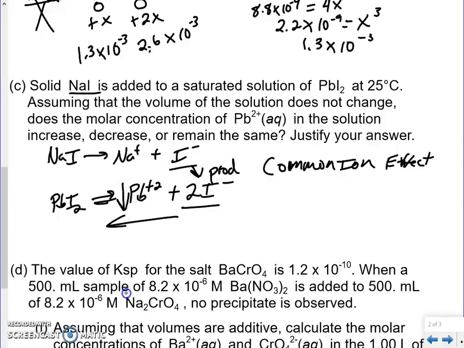Lead is going to decrease. So does the lead concentration increase, decrease, or stay the same? It's going to decrease. Justify your answer. Due to Le Chatelier's, sodium iodide is going to increase the amount of iodide in solution, which means we're increasing the amount of product in this equilibrium, causing a shift towards reactants and therefore a decrease in the lead ion.